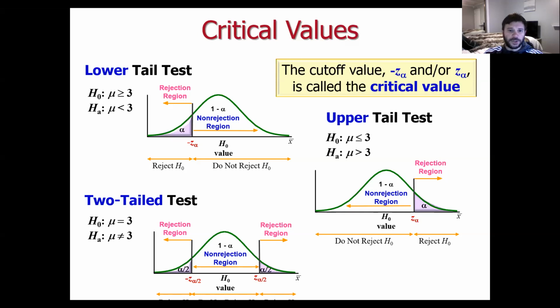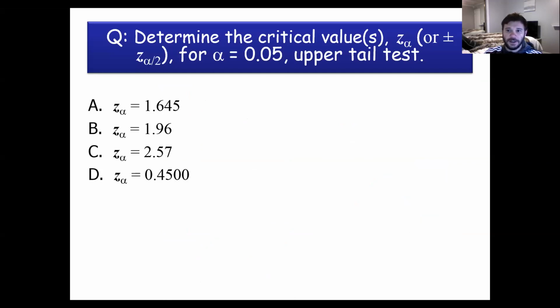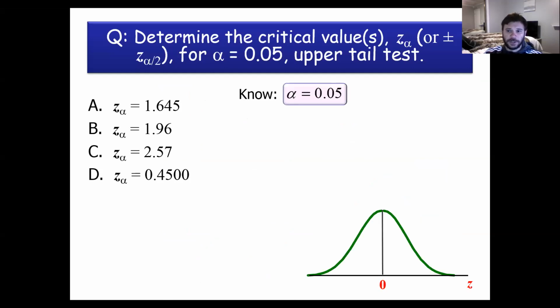So the first question we're going to look at here is determining the critical value for a 5% upper-tailed test. Okay, so we're given an alpha value of 5%, which means if we're looking at our distribution, we're dealing with an upper-tailed test here. So the question is, what is that Z value that's going to leave exactly 5% probability in that upper tail?